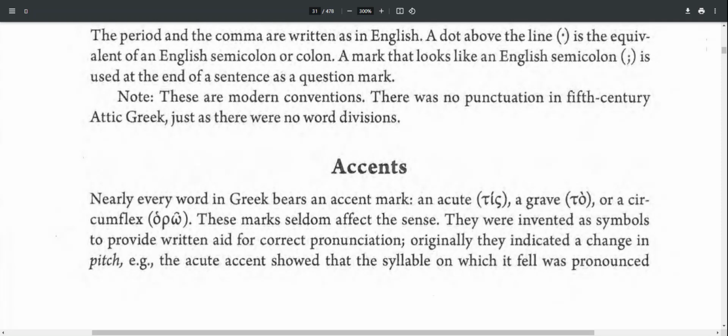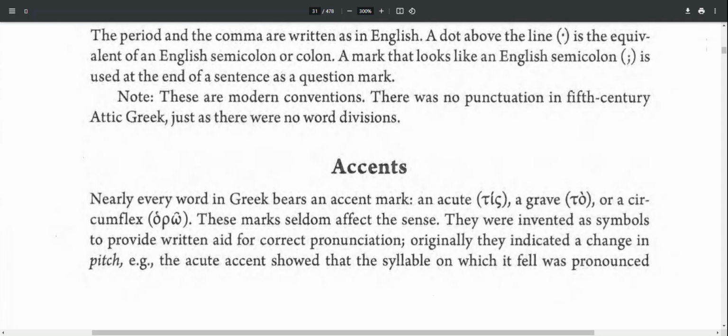And the circumflex marks an up and down tone. So you have a tone that goes up and goes down, and it's used on the last syllable and also on the syllable before the last.